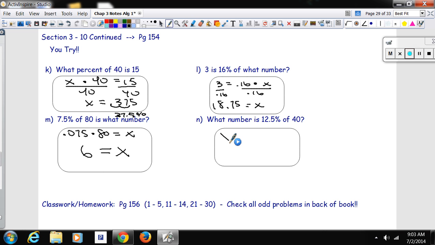What number x is 12.5% would be 0.125 of 40. So times 40. So 0.125 times 40, and you get x equals 5.